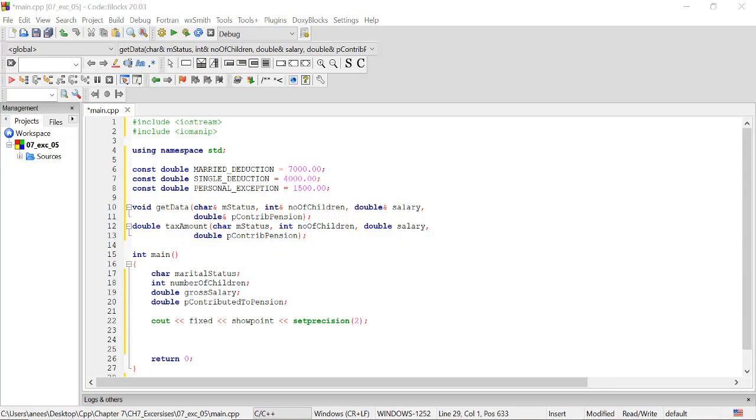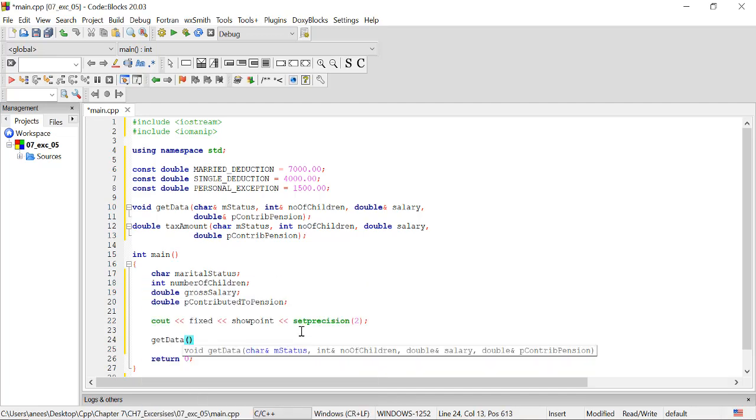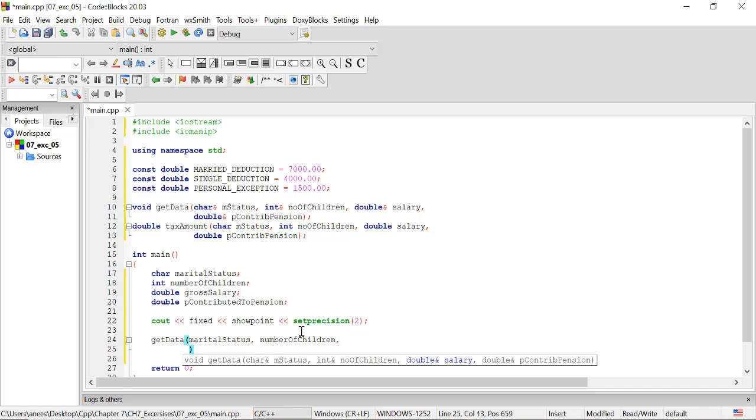After we write in set precision 2, we can move on and write in get data, marital status, comma, number of children, comma, gross salary, comma, P contributed to pension, semicolon.